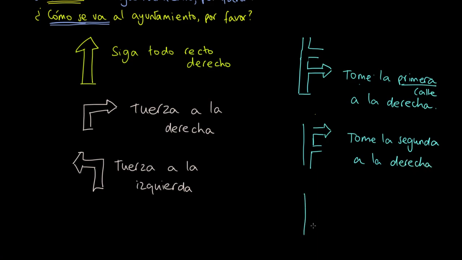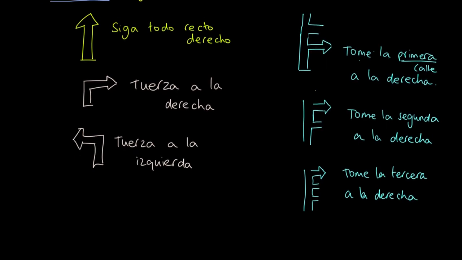And if instead of the second one, I need to take the third one, I'll say tome la tercera o la tercera calle a la derecha. Now, what happens if instead of right, I need to go left? Well, no problem. So I'll use exactly the same constructions, but instead of derecha, I'll say izquierda.